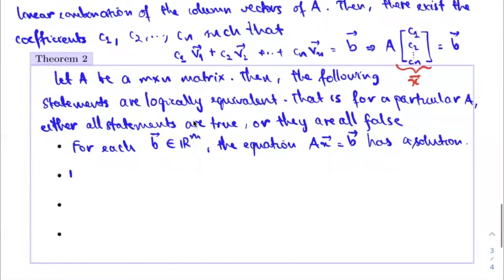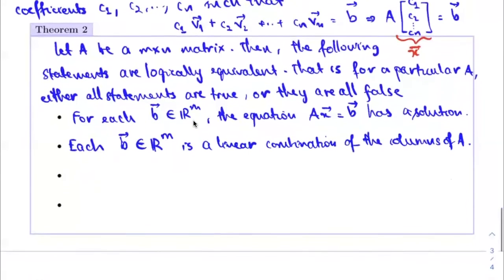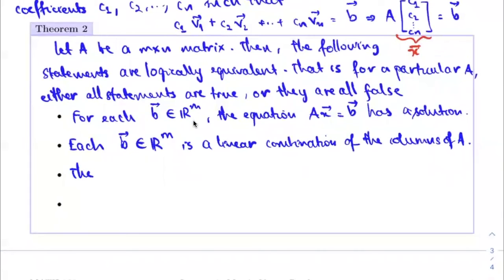Then let us go to the next statement: each b in R^m is a linear combination of the columns of A. And because of this, the columns of A span R^m.